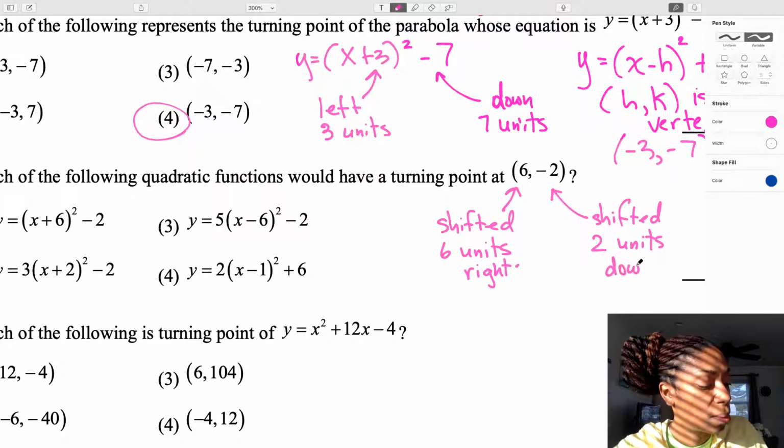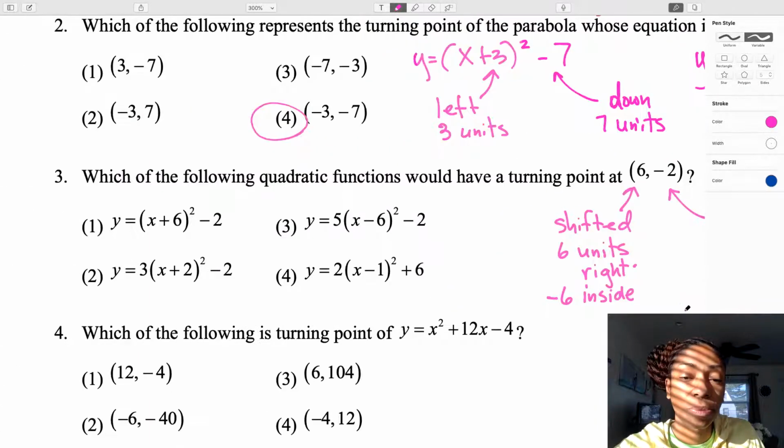Down. So now we go to the choices to see which one will have a -6 inside the parentheses and a -2 outside the parentheses. Choice 3.